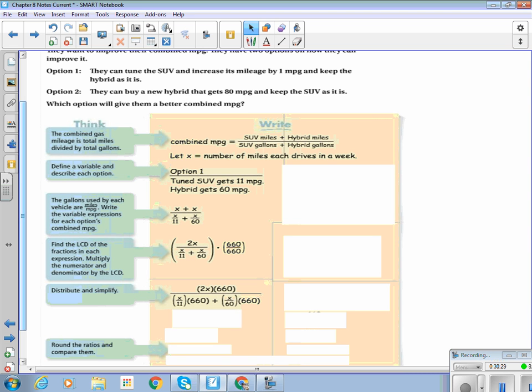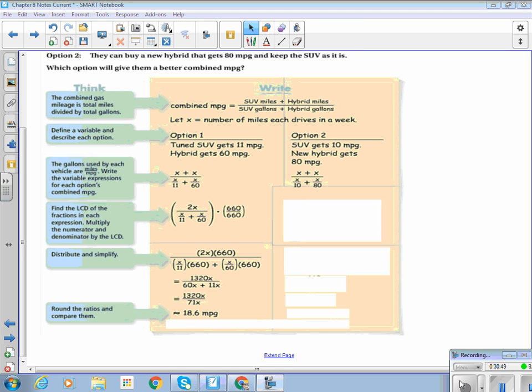And we get 1,320x divided by 60x plus 11x. 60x plus 11x is 71x, so it's 1320x over 71x.